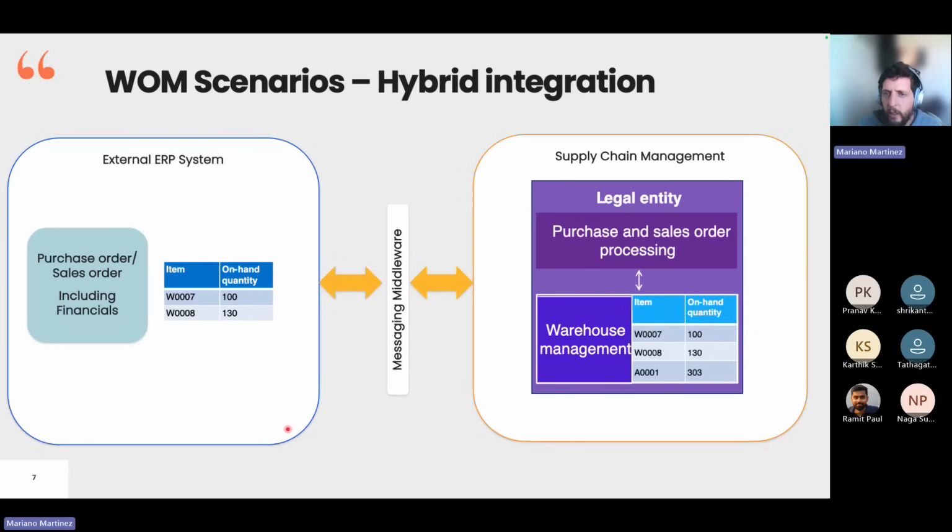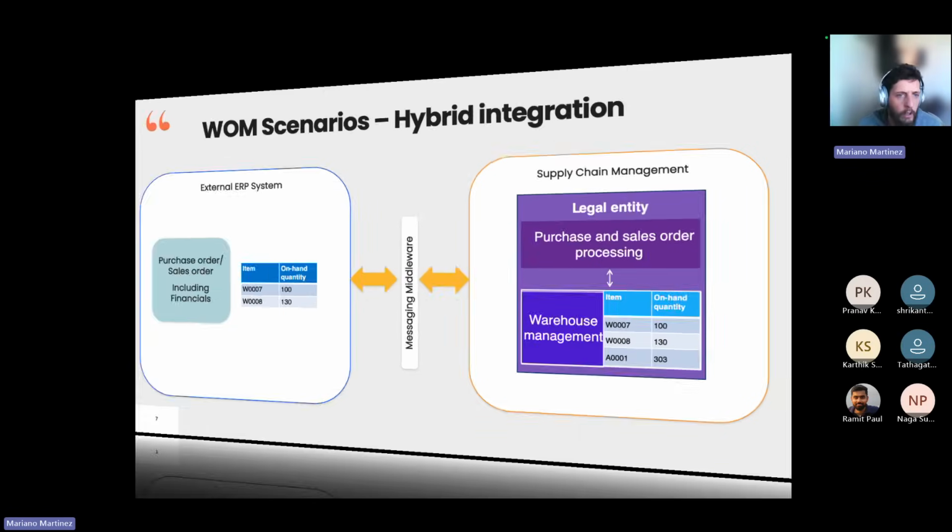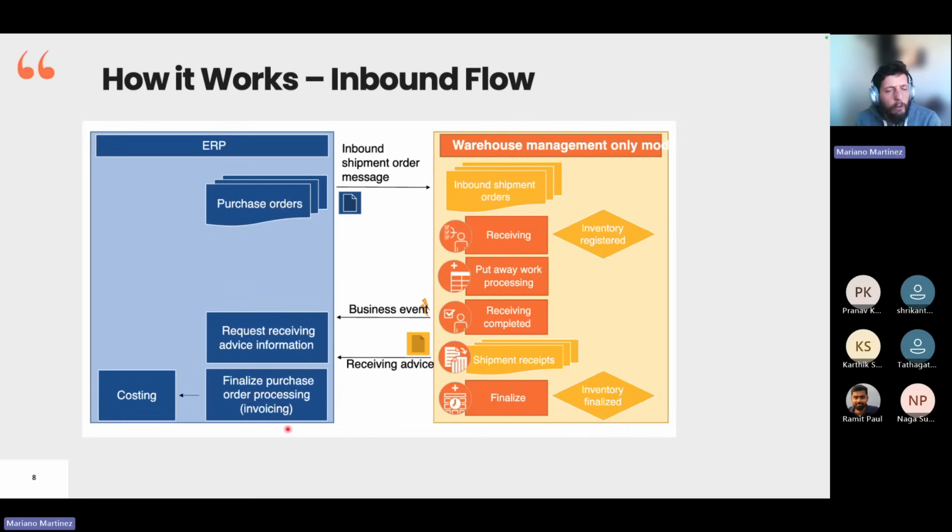So how does this work? How is the system flowing between two systems, and how is it updating from one way to another? So for example, when we talk about the inbound flow, and we step in the scenario that we have an external system, the external system is reflected here in blue, and the warehouse management or our Dynamics with the warehouse only mode is in orange.